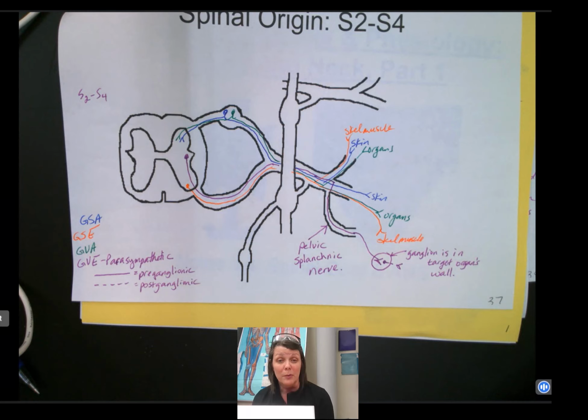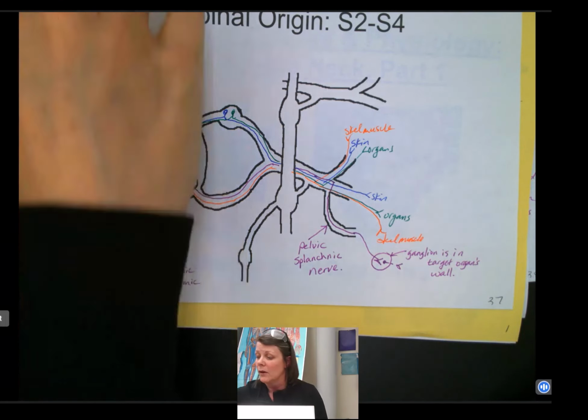So parasympathetic neurons, remember I said that the preganglionic was super long? Well, it's got to go from the spinal cord all the way to whatever organ that it's getting to. And then the postganglionic is really, really short, because they don't have to go far because, well, really, they're already there.